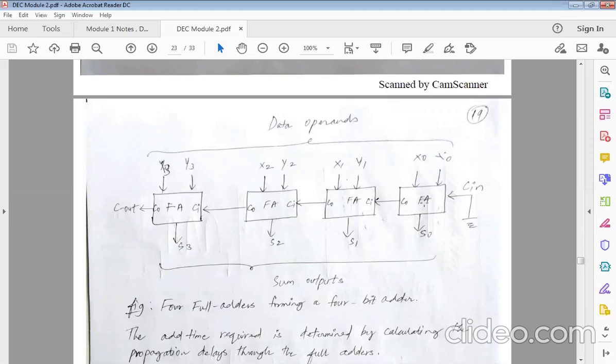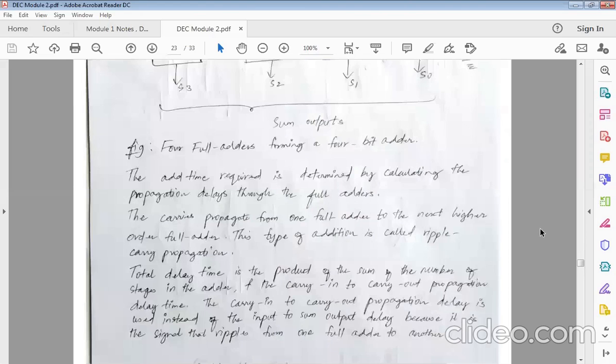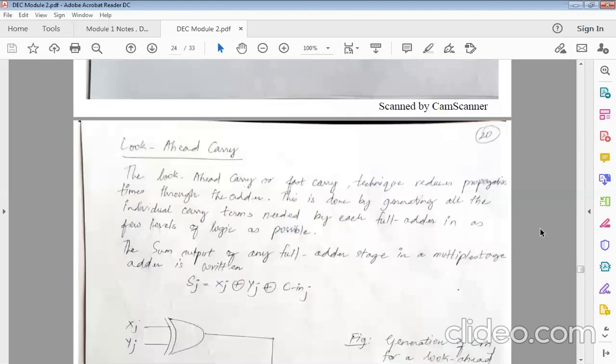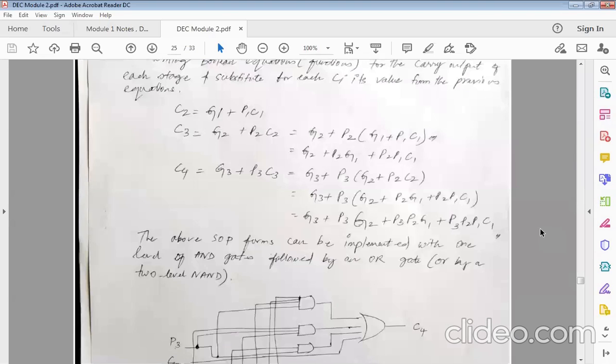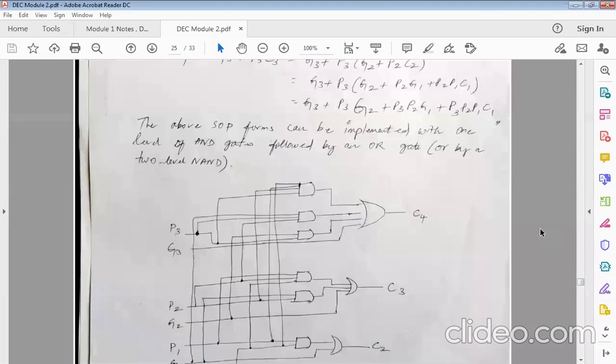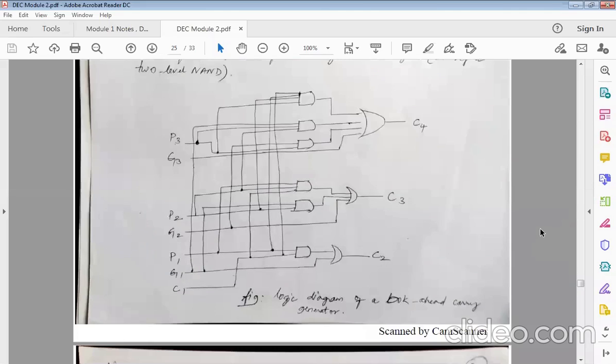In that way, I am cutting time and not waiting for C2, C3 and so on. I'm just waiting only for the first carry to get generated. Once that carry gets generated, I will be using the same thing. So I hope it's clear, right, students? Can I have some response?